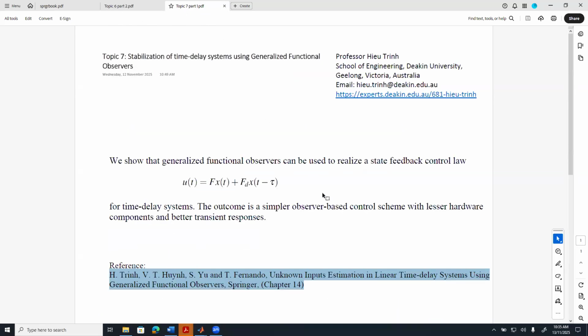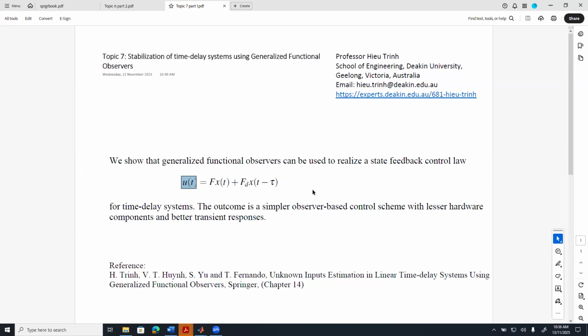Now we would like to show an application for it. The main message here is that we directly estimate this control law, without first estimating the entire state vector, then realizing this term, delaying it, and then realizing this term to realize the control law.